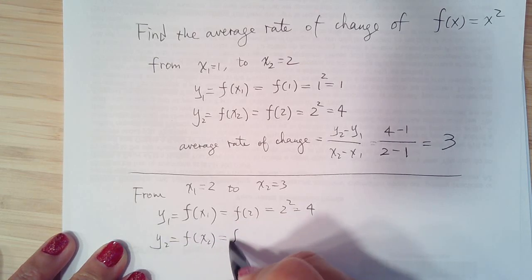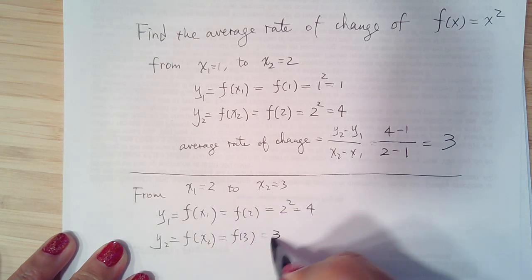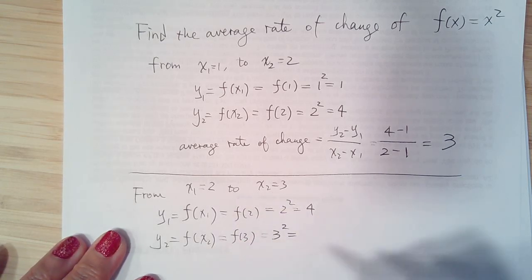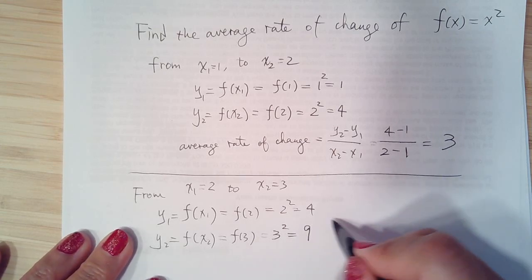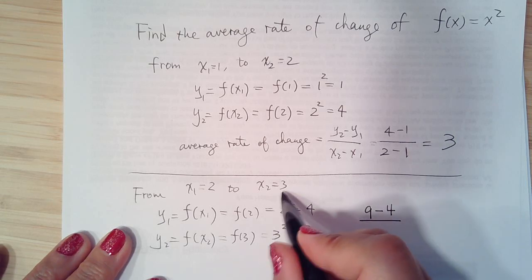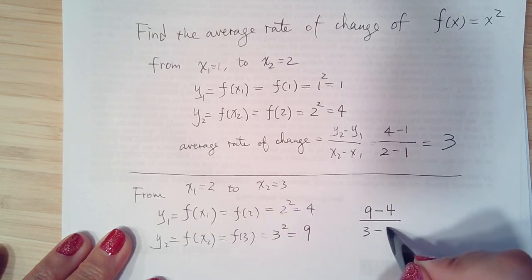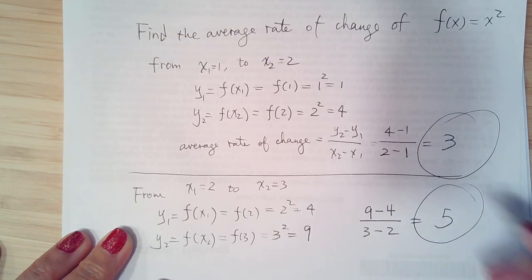So that's f of 3, because we go 2 to 3, right? And here's 3 squared, so that's 9. Therefore, the average rate of change will be 9 minus 4 over 3 minus 2. That is 5.